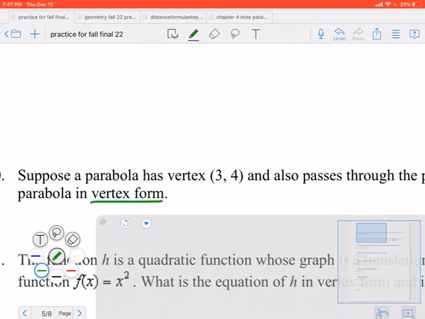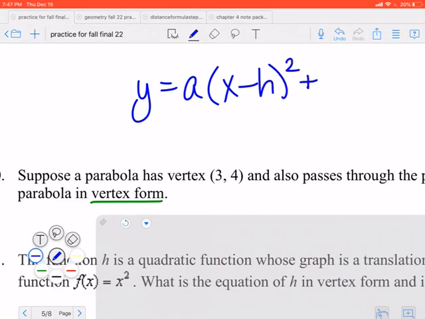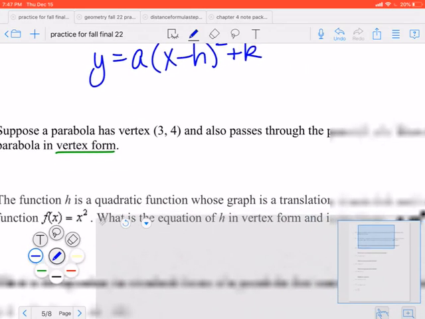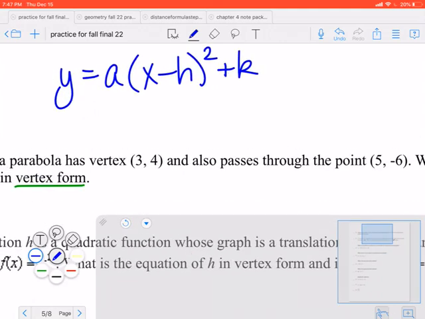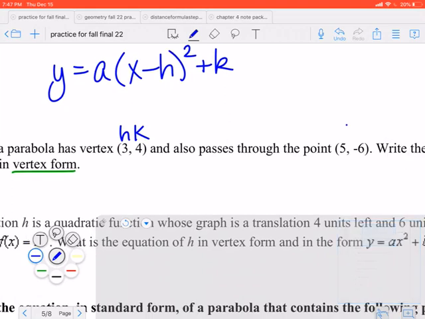The vertex form of a parabola, we already know this, a times x minus h squared plus k. So we have the h and the k, and then we have just this other random point. Ordered pairs are x comma y, so we can use this ordered pair to plug in the x and the y.